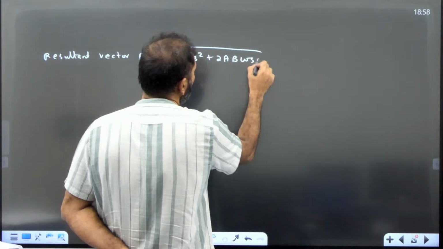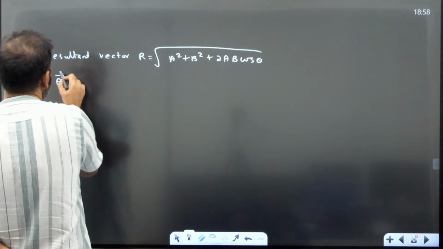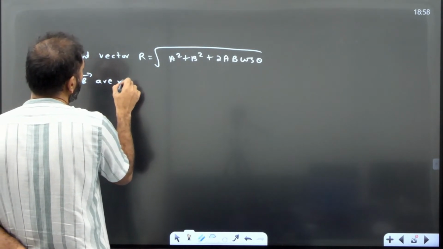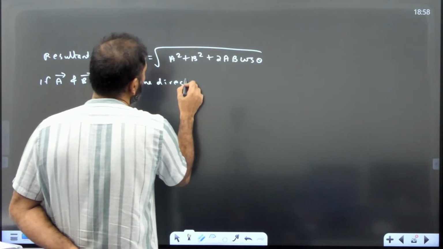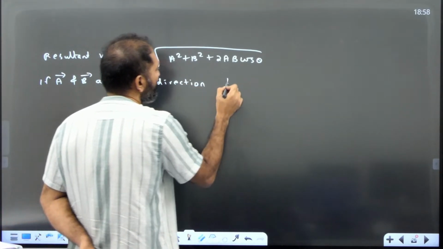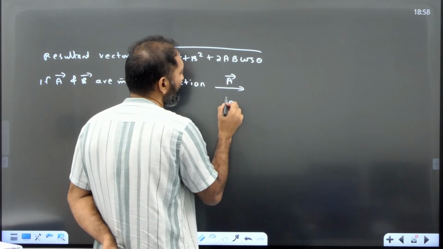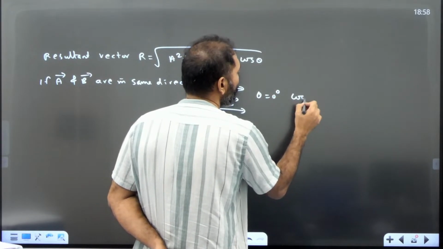It's the standard equation. If A vector and B vector are in the same direction, this is A vector, this is B vector, they are in the same direction. So theta equals 0 degree.